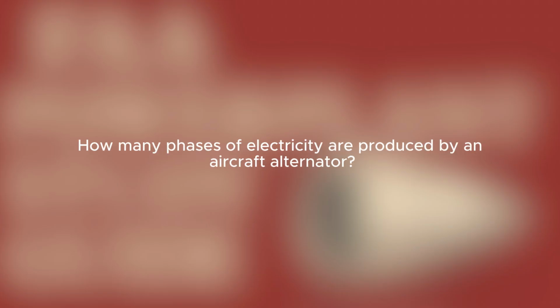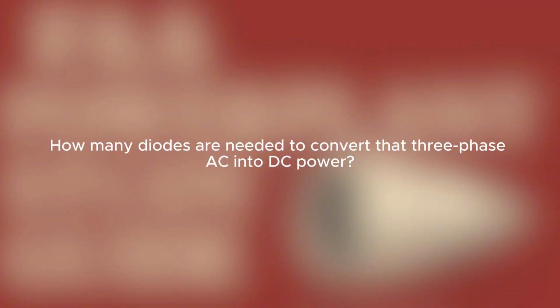How many phases of electricity are produced by an aircraft alternator? 3 phases. How many diodes are needed to convert that 3-phase AC into DC power? 6 diodes.